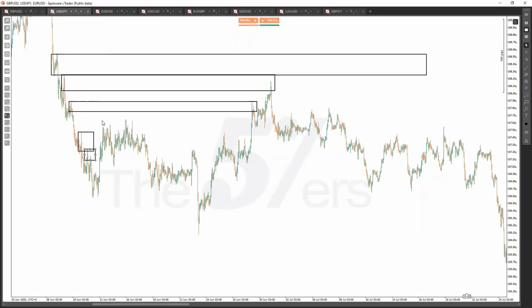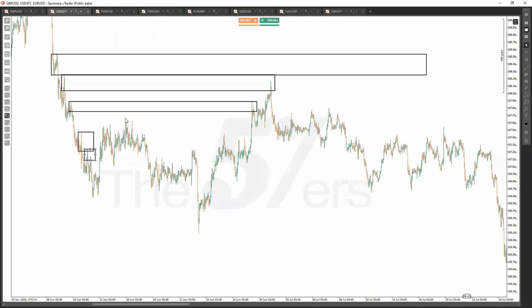Well, the funny thing about stop loss hunting is that when you are being taught about these fake outs, they're not actually giving you a reliable price to say, let's sell from it.